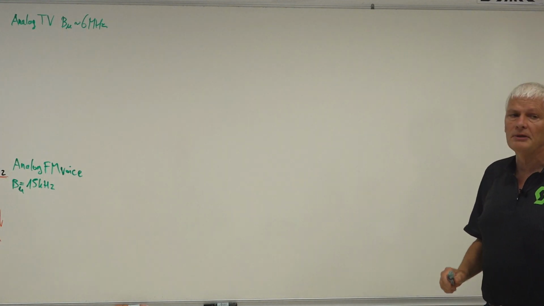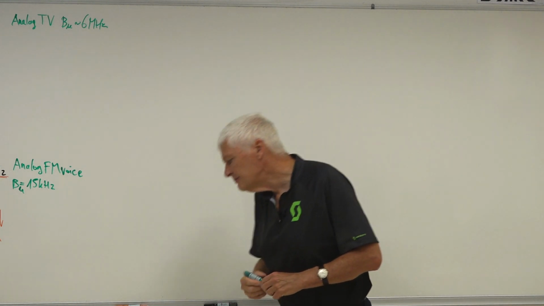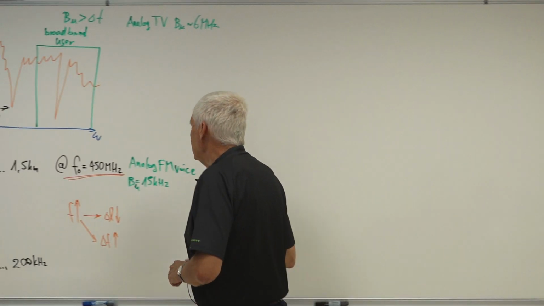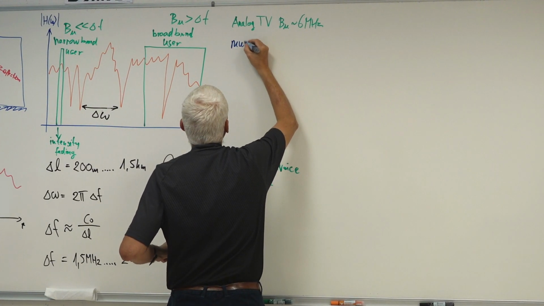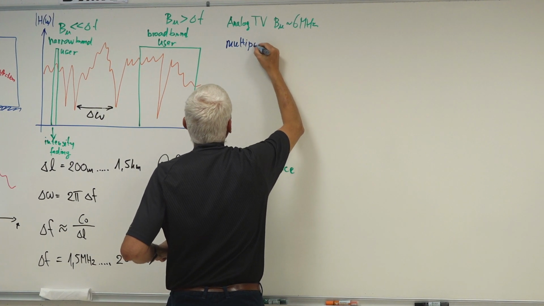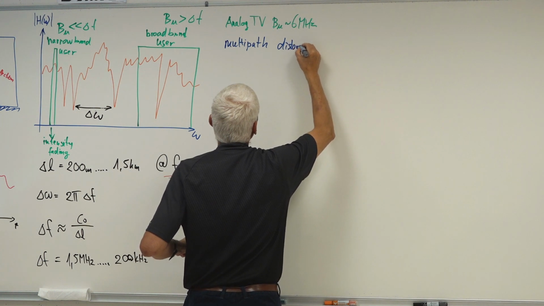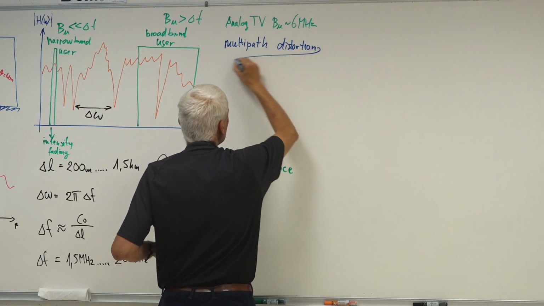What is the problem with analog television? Maybe you're just too young to discuss this. But the problem here is multipath distortion. What was the consequence of multipath distortion?